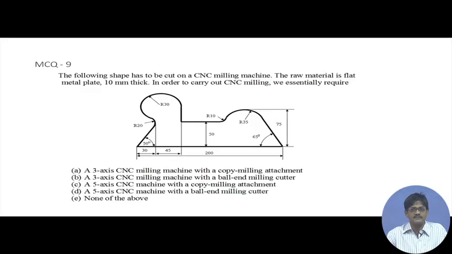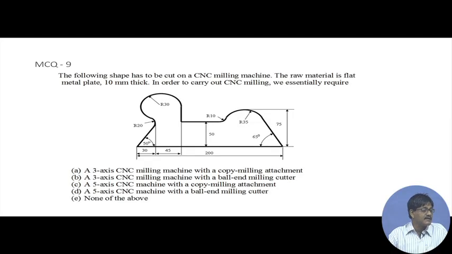The third axis need not have circular interpolation facilities. It can have linear interpolation, so that it can linearly dig into the cut and start it. So, the options are a 3-axis CNC milling machine with a copy milling attachment. No, we are not going to copy anything, because we are going to program for it. So, first is out. A is not the correct answer.